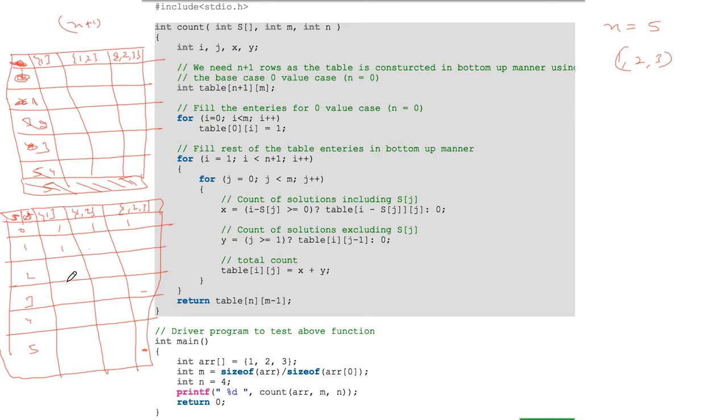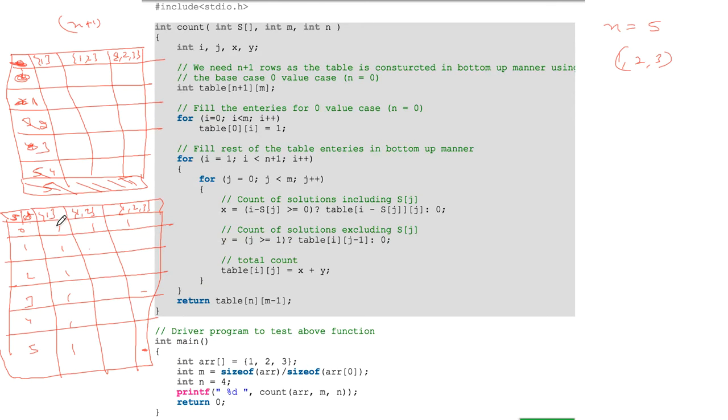How can I create 2 with only 1? There is only one solution: by including 1 coin of 1, 2 coins of 1, 3 coins of 1, 4 coins of 1, 5 coins of 1. So at least I have filled this row and column without any computation or processing. These are the obvious things. I should try to fill my table as much as possible initially, without going into the loop.